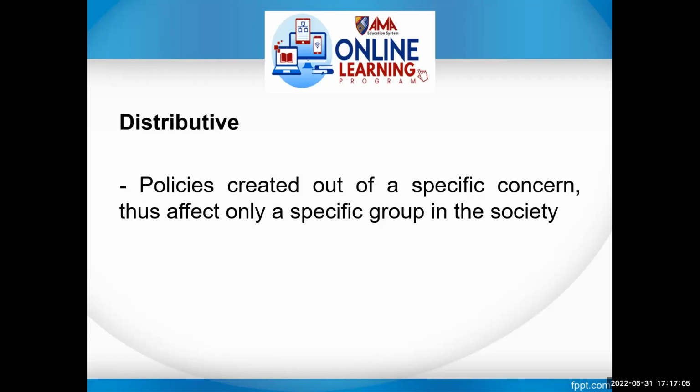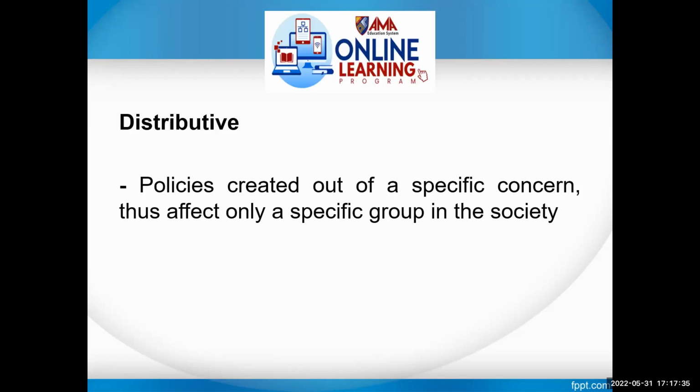Another example is climate change. So who are the affected group in the society? Those who are the environmentalists, the governments who make legislations or regulations regarding climate change impacts.